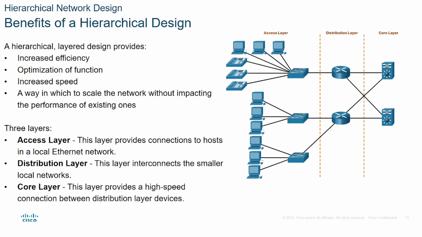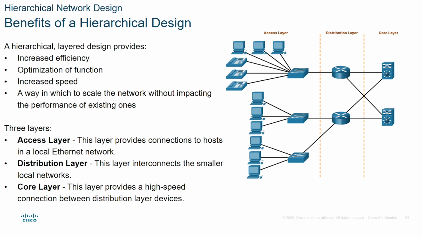So there are benefits of this hierarchical design. One is increased efficiency, optimization of function, increased speed, and a way to scale the network without impacting the performance of existing ones. So there are three layers: the access layer, the distribution layer, and the core layer. The access layer provides connection to hosts on the local Ethernet network.